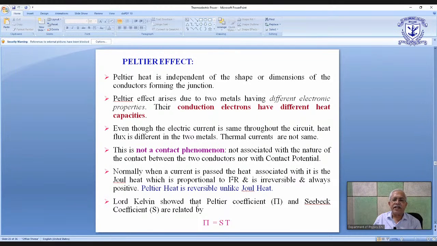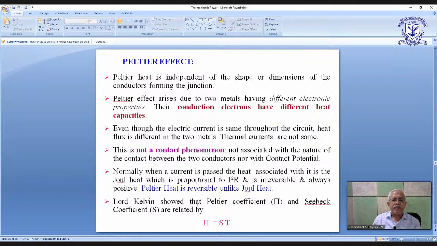If you reverse the direction of the current, a hot junction, instead of being a heat emitter, will become a heat absorber. This never happens with, say, a heater coil, which whether you pass the current from left to right or right to left, will always emit heat proportional to I squared R, which is what you would have learnt in the earlier classes.